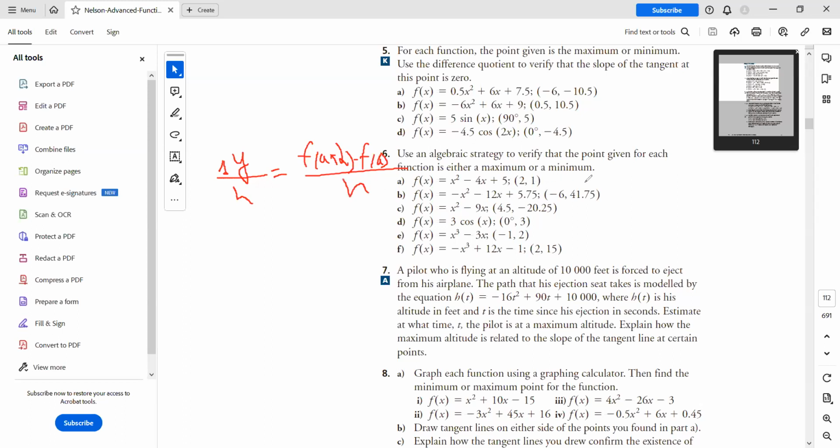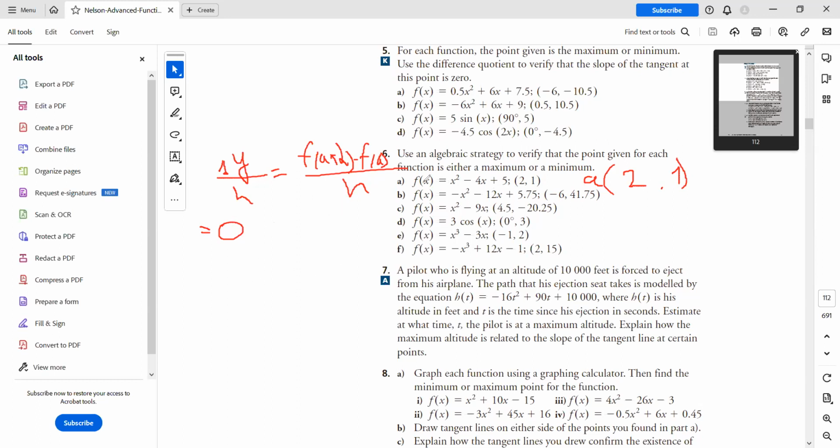Here, point a has coordinates 2 in x and 1 in y. When x equals 2, y equals 1. So this is the first step. You have to show that this equals 0, in fact.